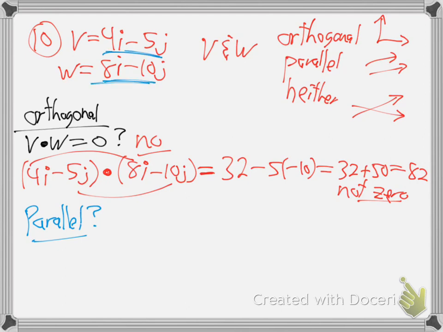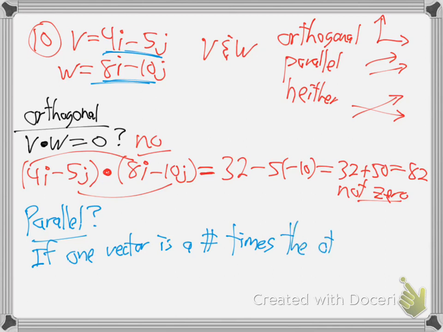Do you notice anything about them? Yeah, one of them is twice as big as the other. So, if one vector is a number times the other, then they are parallel.